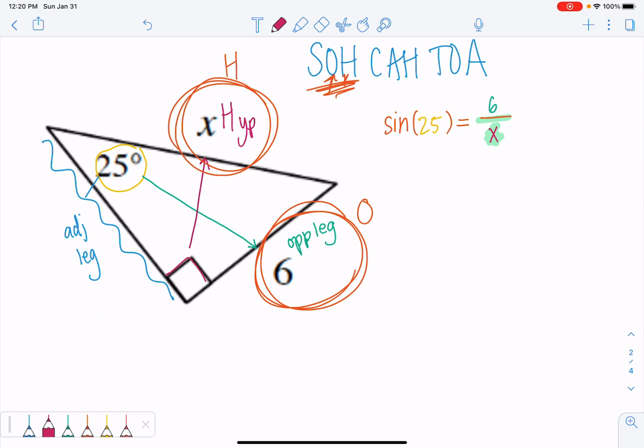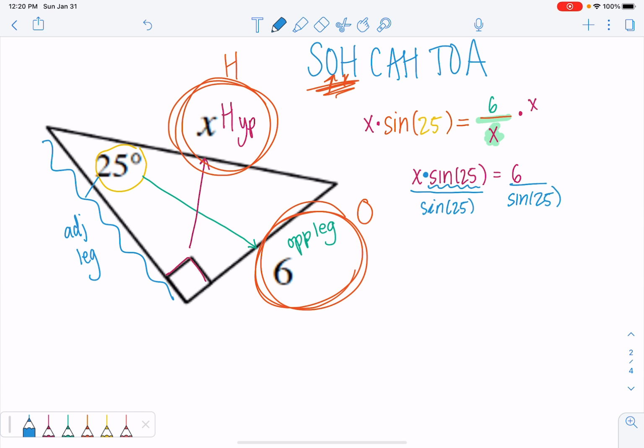We want to undo division by multiplying on both sides. Just like in the last example, we need to undo this multiplying to get x alone. So we'll divide by sine of 25. We have x equals 6 divided by sine of 25.